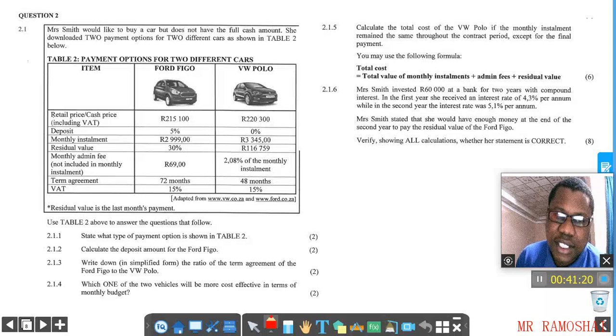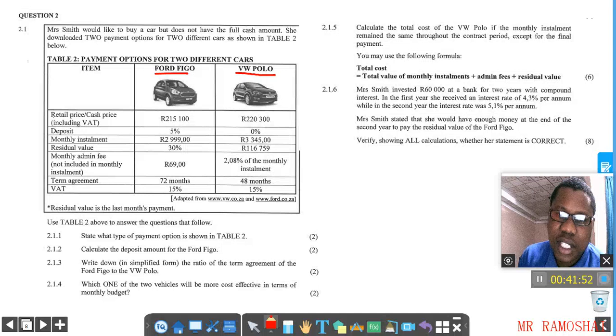Right. As you can see, we have Ford Figo and we have VW Polo, right? Now, if you can check here, these are the retail price or the cash price. If someone goes now to Ford, she can get this Ford Figo cash for 215,100, right?